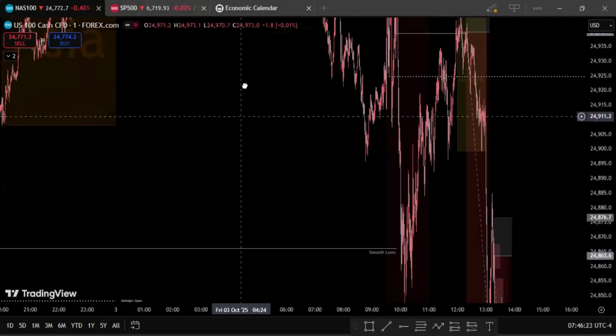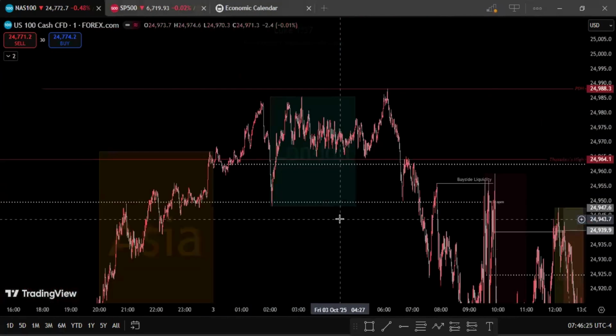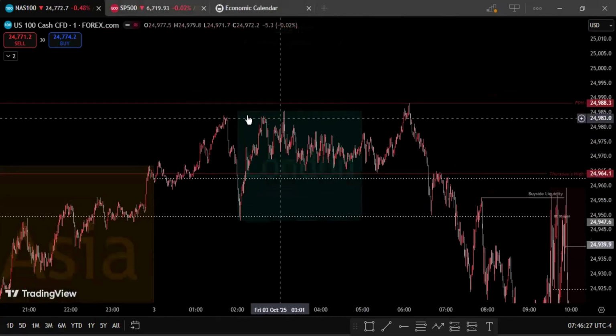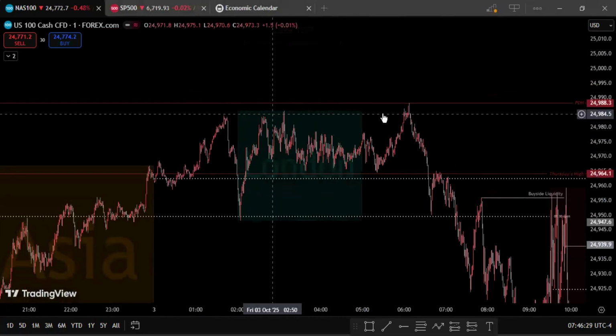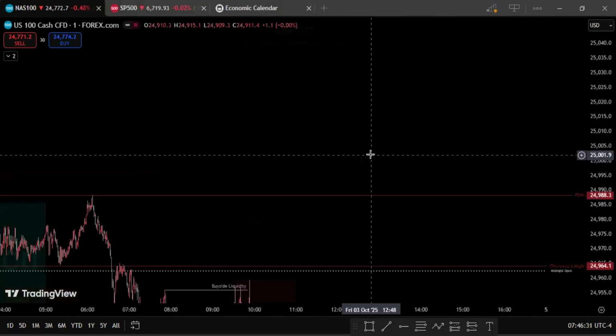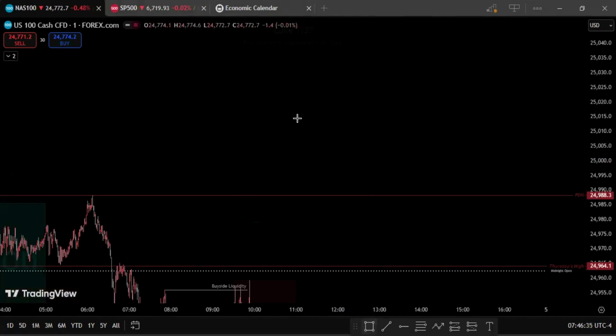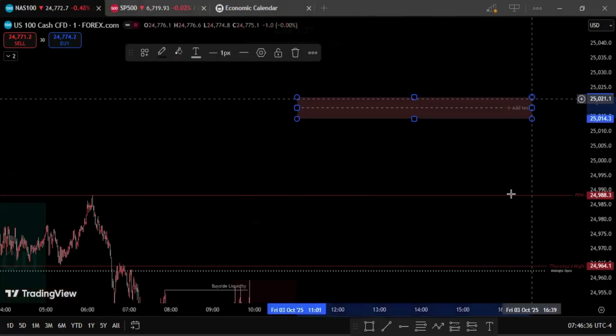And then another type of liquidity we have is where we have a level of support or resistance. Now, what I want you to think when you think about this is, where would support and resistance people be taking their trades?